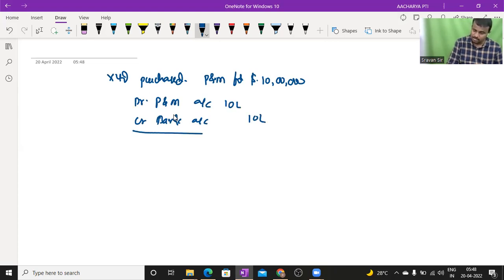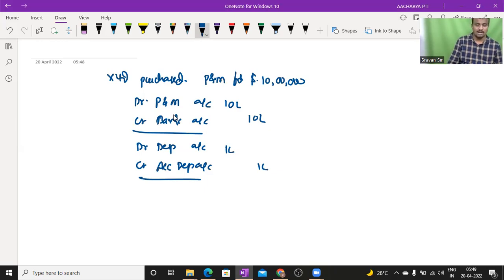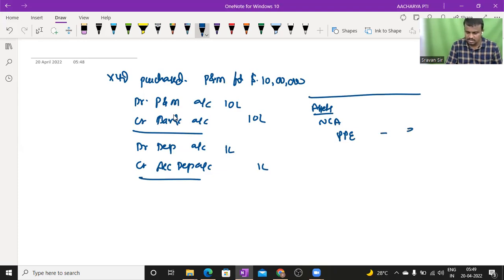At the end of the year, they provide depreciation: debit depreciation account, credit accumulated depreciation account, say 1 lakh. Then in the balance sheet on the asset side, under the head non-current asset, they show the PPE as how much amount? 10 lakh minus 1 lakh.